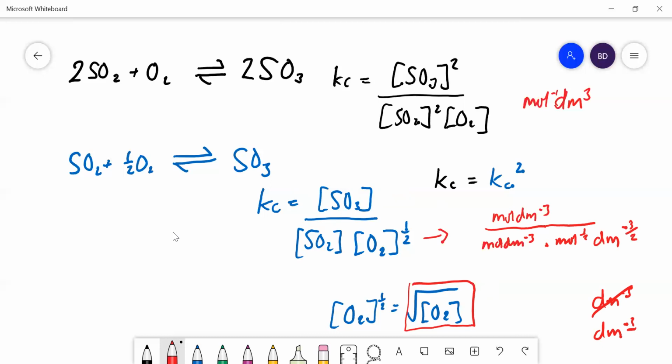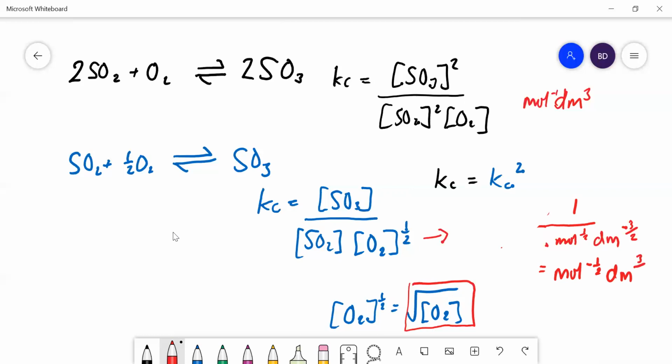So do a bit of cancelling out. Those two cancel out, don't they? So the units are 1 over mole to the half. Put it onto the top line, that gives you mole to the minus half dm to the plus 3 over 2. So very strange units there indeed.